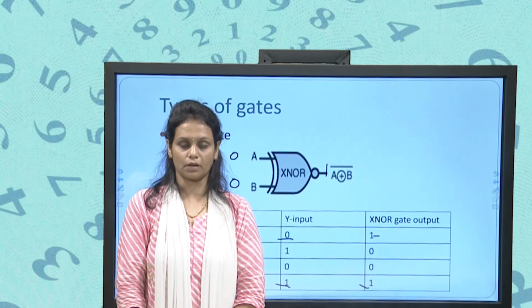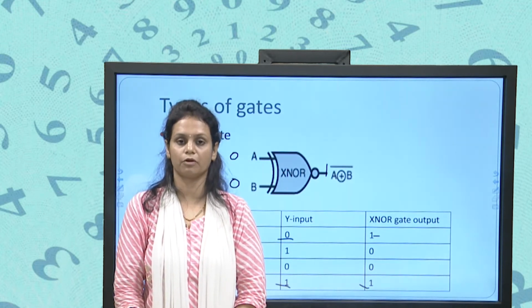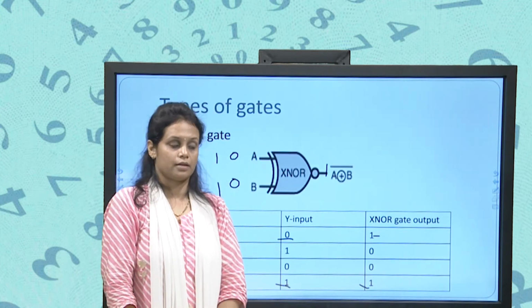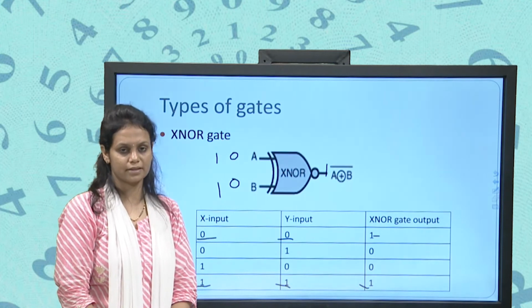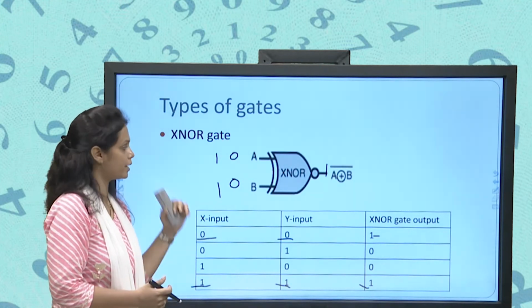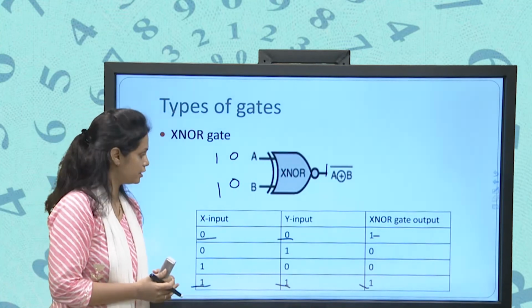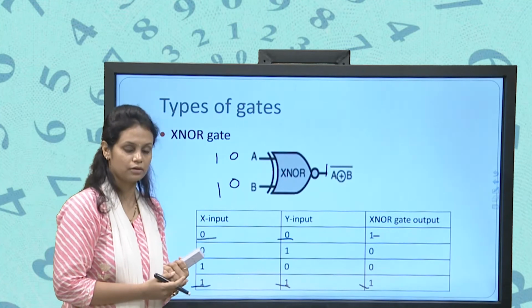In that case first we perform the OR operation and then the NOT operation. Then we have also seen the XOR, which we saw in some previous lectures, and lastly we have seen the importance of the XNOR gate, that means how the XNOR gate gives the output if the inputs are 0 0, 0 1, 1 0 and 1 1.